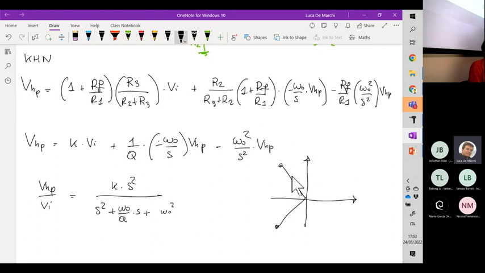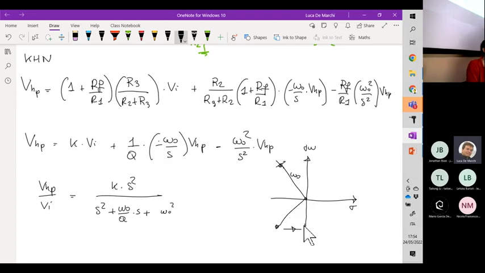So omega null is related to the distance between the pole and the origin, and the factor Q is higher the closer the poles are to the imaginary axis.